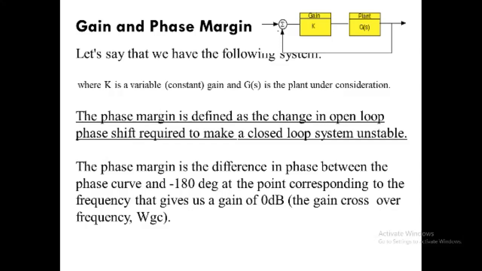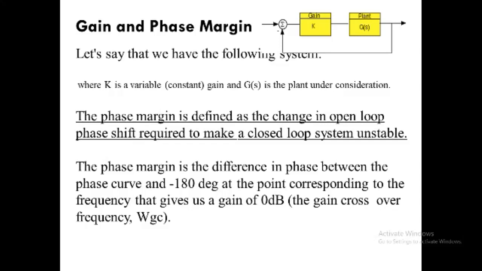Keep in mind that unity gain is a magnitude which is equal to a gain of 0 dB. The phase margin is the difference in phase between the phase curve and minus 180 degrees at the point corresponding to the frequency that gives us a gain of 0 dB, the gain crossover frequency omega GC.